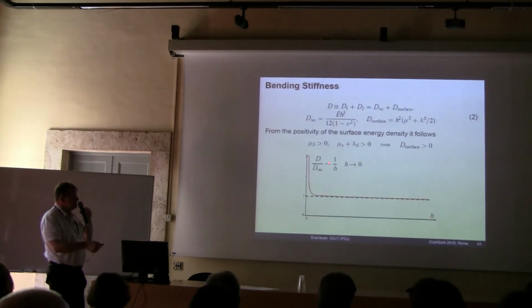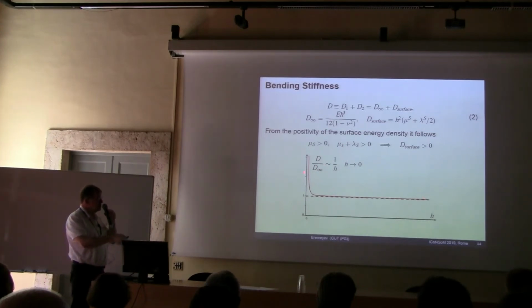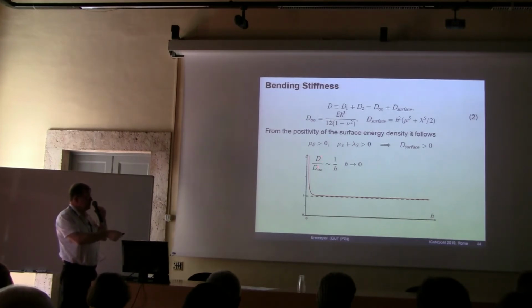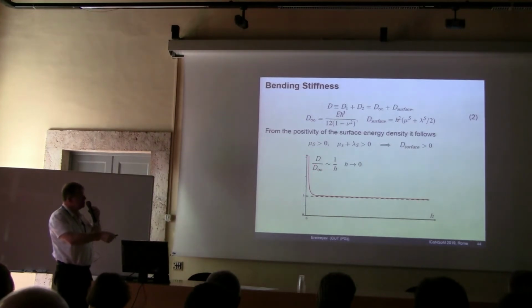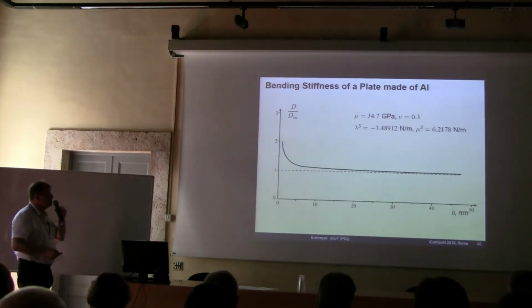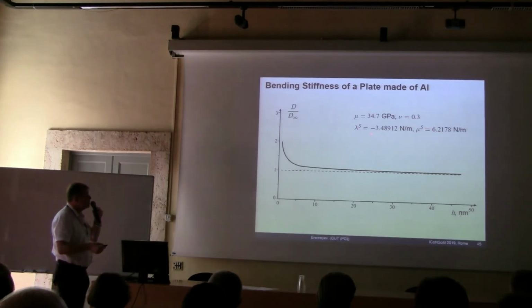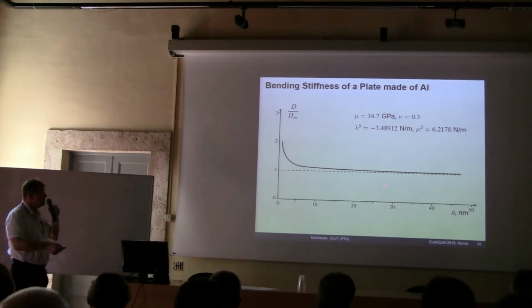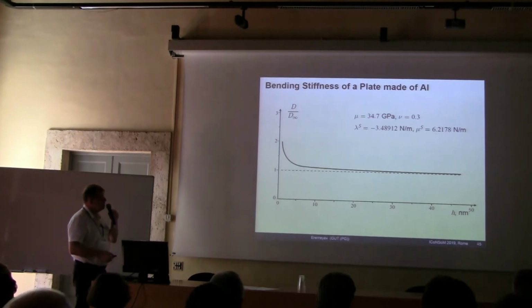If you consider relations of this, you can see that we have also such kind of effects. So the difference between our effective bending stiffness and the bending stiffness without surface stresses looks like that. If you use real material parameters for aluminium taken from the paper by Duan, we have such a curve, which looks like this size effect experimentally observed.